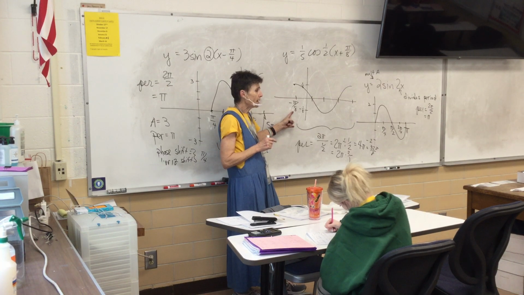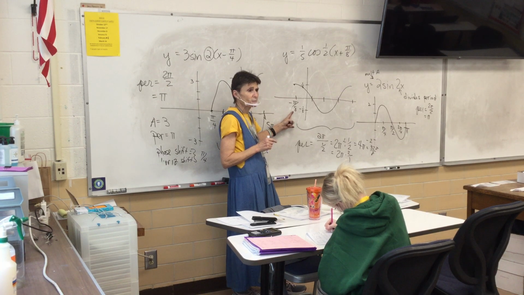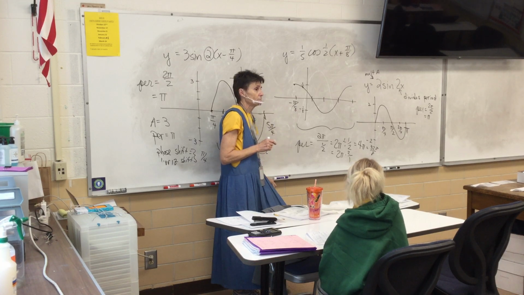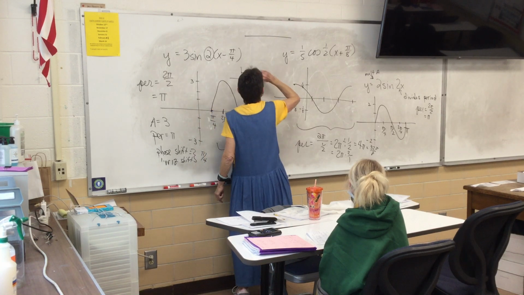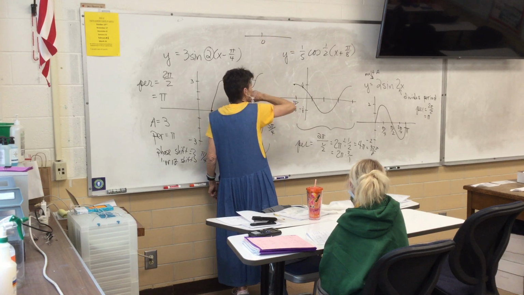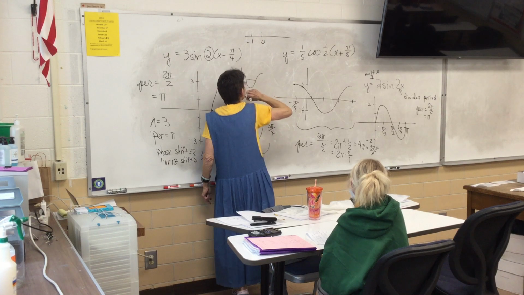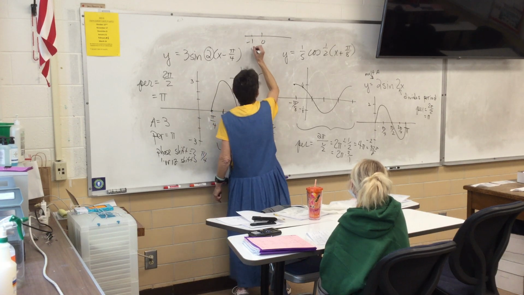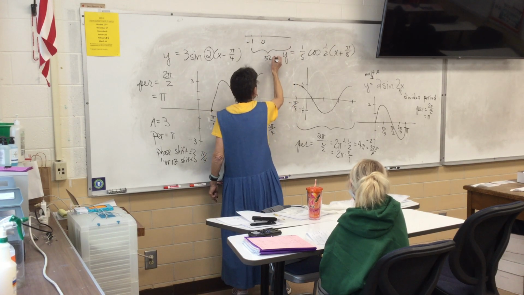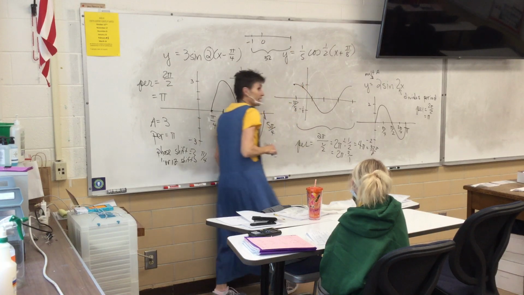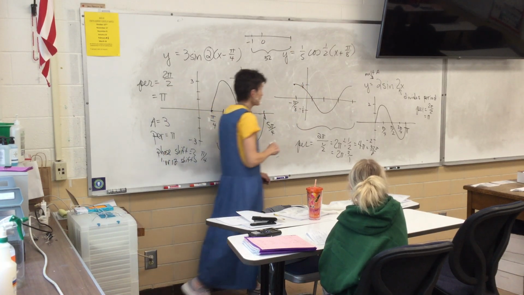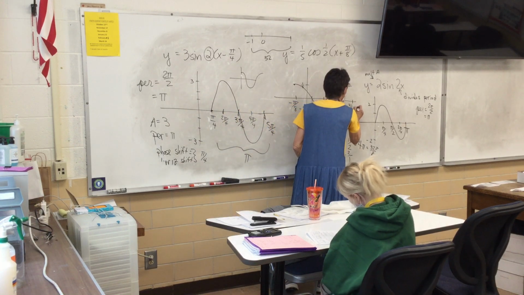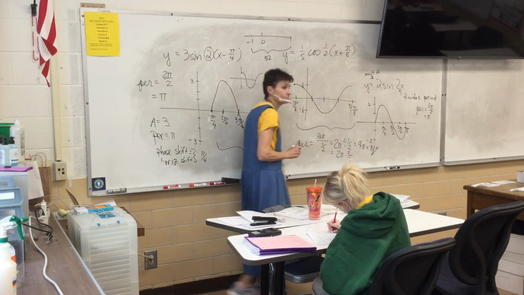So where am I going to end? Here's my number line, here's 0. I'm starting at -1. I'm going to take 32 steps. Where am I going to end up? 31. So this label is 31 pi over 8.